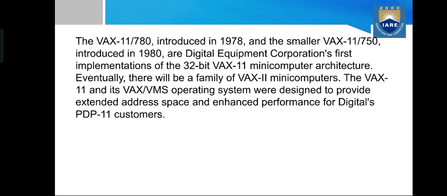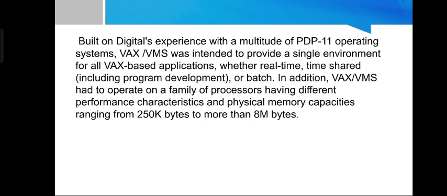Eventually, there would be a family of VAX minicomputers. The VAX-11 and VAX/VMS operating systems were designed to provide extended address space and enhanced performance for the Digital PDP-11 customers.